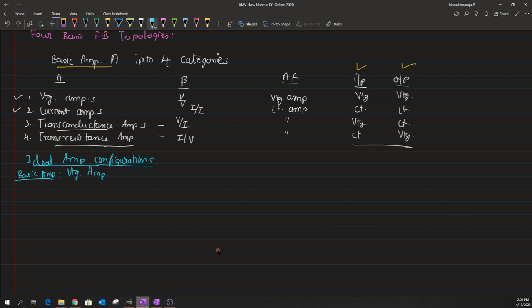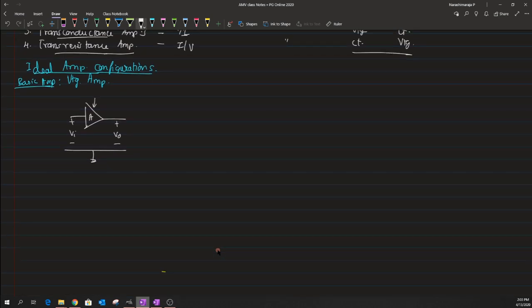So this is an amplifier that takes an input, which is a voltage, and produces an output, which is again a voltage. One could characterize this voltage amplifier, which I will just write as A. The internal structure of this voltage amplifier, being an ideal circuit, could be modeled as a voltage that we are feeding here as Vi.